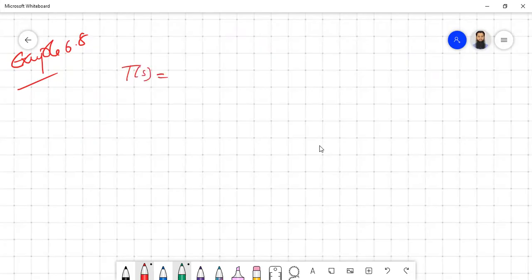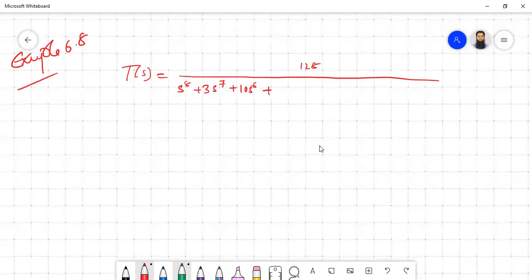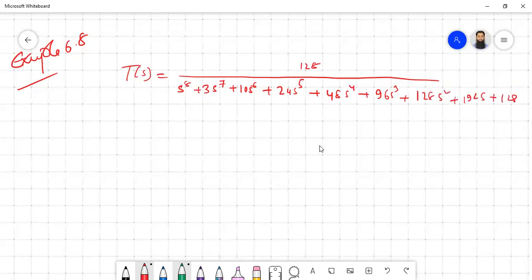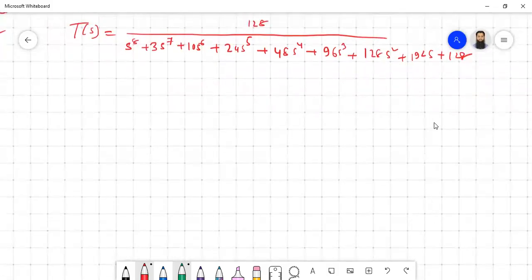T(s) equal to 128 by s to the power 8 plus 3 s to the power 7 plus 10 s to the power 6 plus 24 s to the power 5 plus 48 s to the power 4 plus 96 s cubed plus 128 s squared plus 192 s plus 128. Very big numbers, a very high order polynomial.